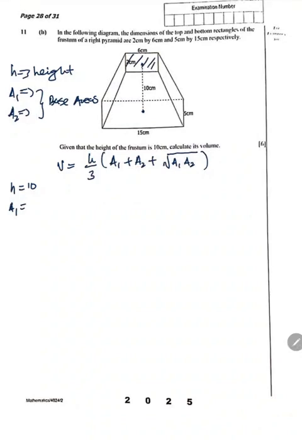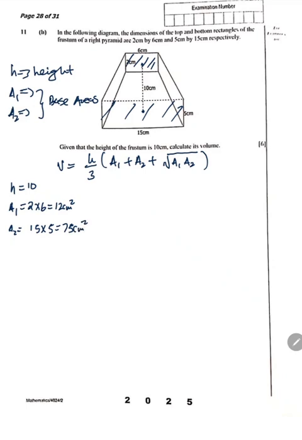It's a rectangle, and the area of a rectangle is L times B, so it's 2 times 6, which is 12. Then A2 is the area of the bottom rectangle, 15 times 5, that's 75.